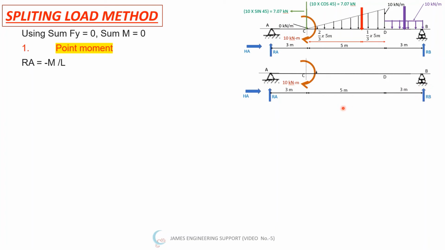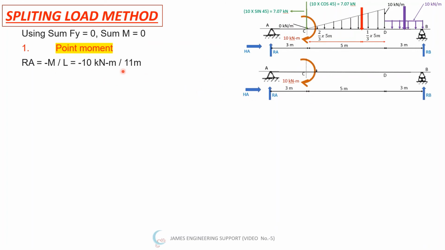If this moment had been anti-clockwise, then it would have produced the positive moment at Ra and negative moment at Rb. So I'm considering Ra first, which will be equal to minus M divided by L, where L means the total length of the beam. So the answer will be minus 10 kilonewton meter divided by 11 meter, which will give us the load as minus 0.91 kilonewton. For RB, as I told you earlier, M by L will remain the same, only the sign will change.